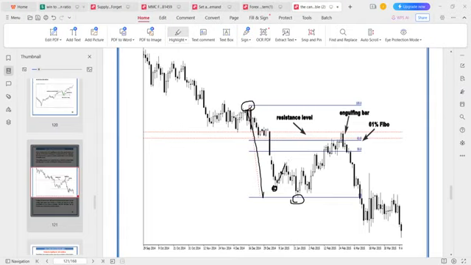Even if we had put a FIB from this lower high to this lower low at that particular point in time and considered this a retracement, right? If you run a FIB here, you see that your 50 and 61 level would have been maybe somewhere here or maybe higher, and price didn't get there.